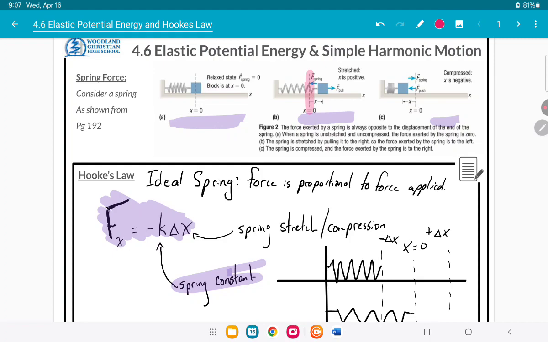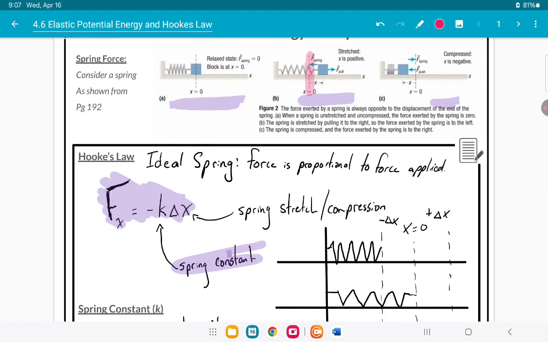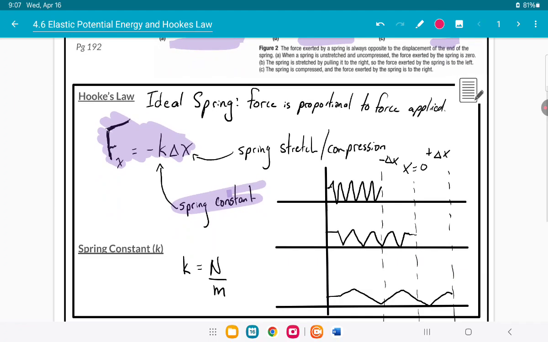And for an ideal spring, whether you stretch or compress it does not matter. You still get the same force out. And you might notice that for this spring, there's no limitations on how far you can stretch or compress it. So even though there might be some physical limit on a spring when you're compressing it, the ideal spring equation just assumes infinite stretch or infinite compression.